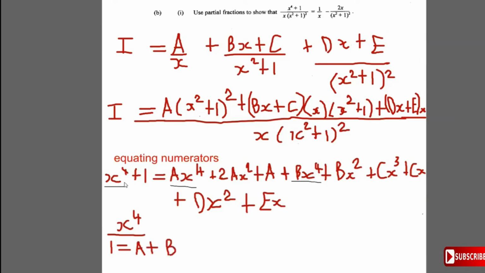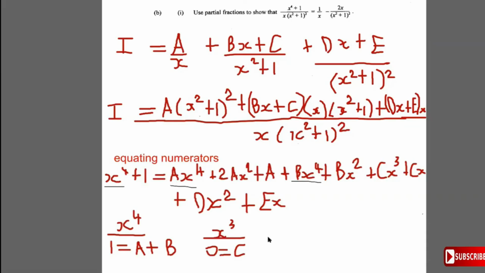Equating x cubed terms, there's no x cubed term here, so 0 is equal to the x cubed term over here, which is c x cubed. So 0 is equal to c.